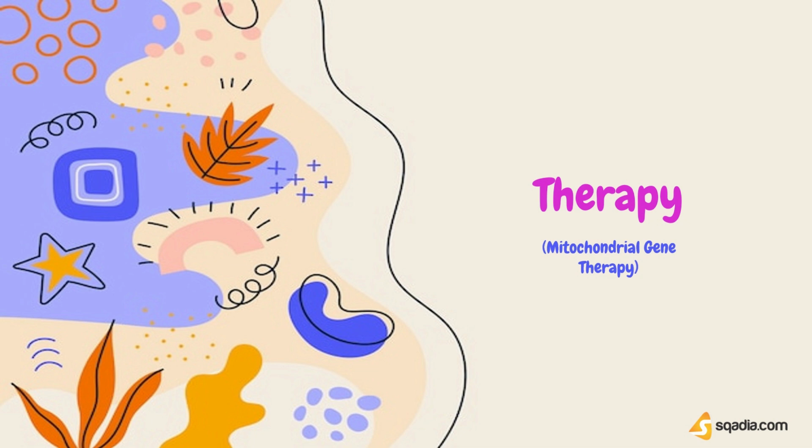New technology may soon make it possible for an affected mother to avoid transmitting the mitochondrial disease to her children. The idea behind this technology is referred to as mitochondrial gene therapy. So, let's understand mitochondrial gene therapy.